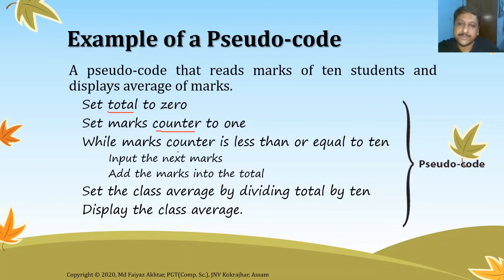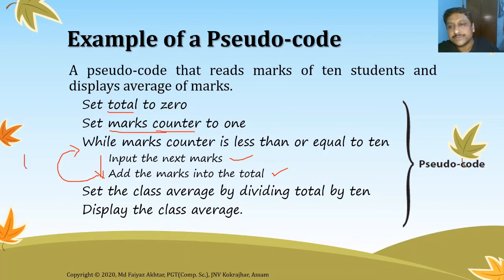While marks counter is less than or equal to 10, these steps will be repeated till the counter becomes more than 10: input the next mark, add the mark into the total, and then continue the loop.